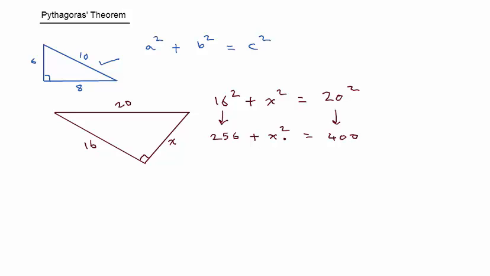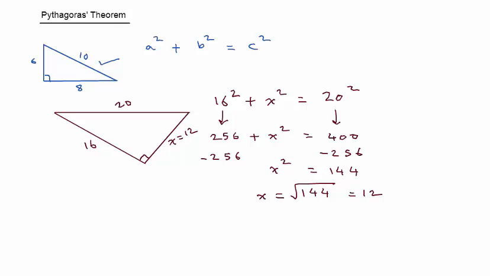To find x, we first need to solve for x square, and to solve for x square, we need to subtract 256 from both sides. And therefore we get x square is equal to 400 minus 256, which is 144. And therefore x is the square root of 144, which is 12. So this side length is 12 units.